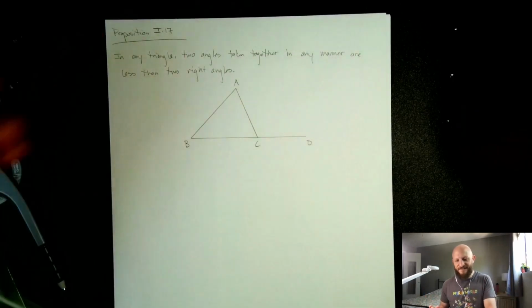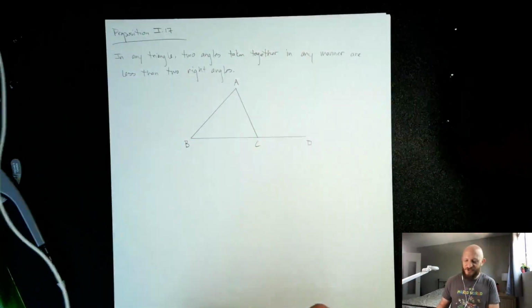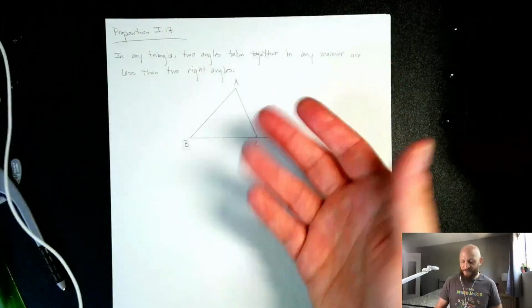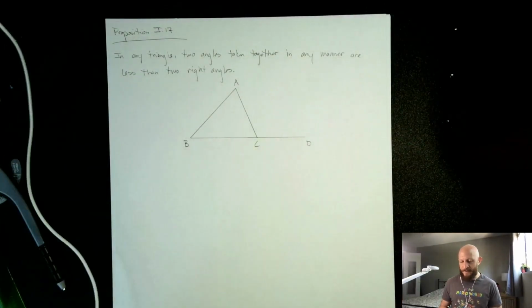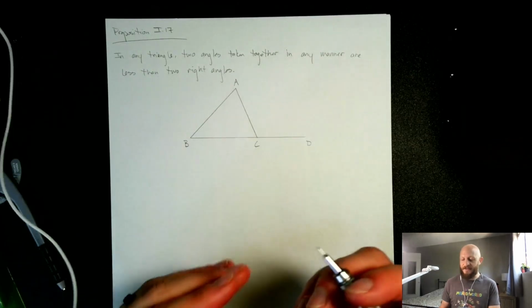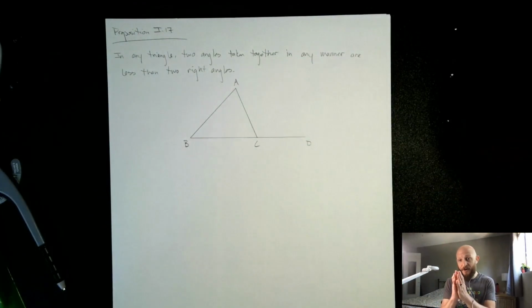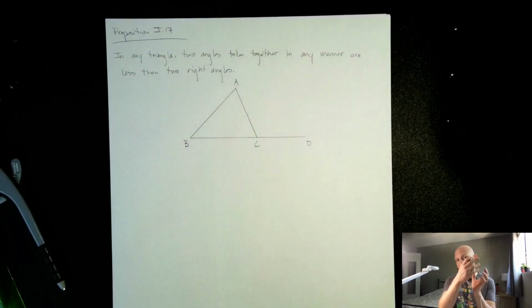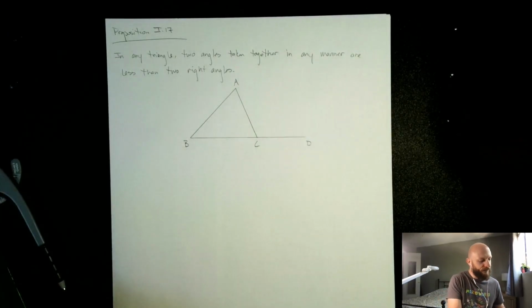For us today, this is a really kind of an obvious one because we know that in Euclidean geometry, the sum of the internal angles is 180 degrees, which is two right angles. So obviously, if you chop off one of those angles, no matter how small, the remaining sum of the other two angles is going to be less than 180 degrees, or less than two right angles.